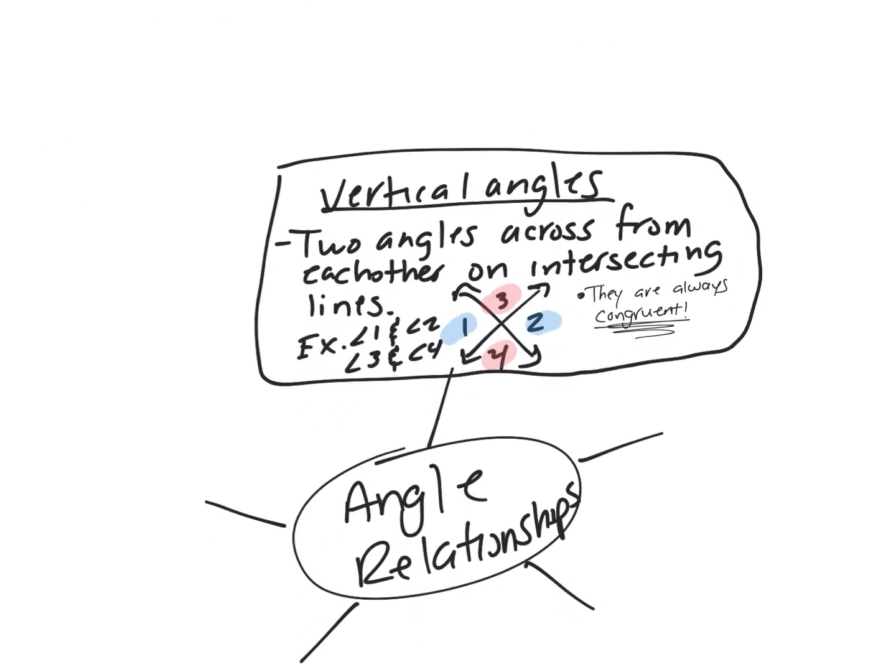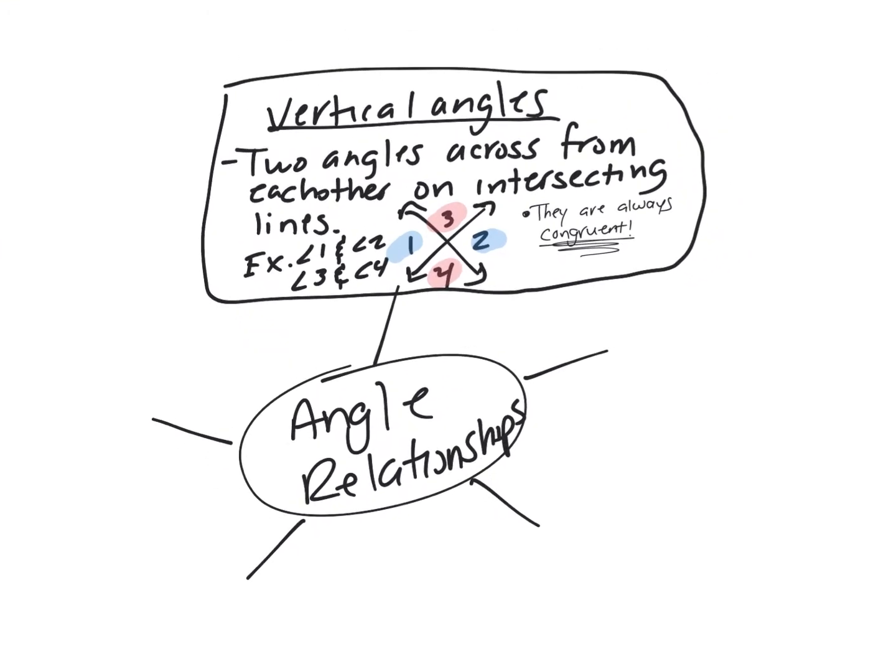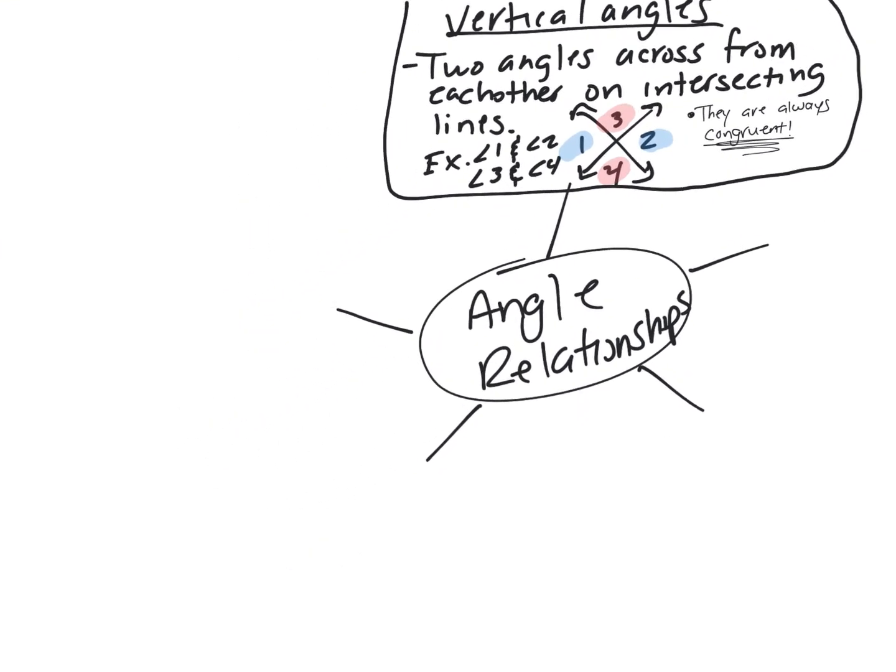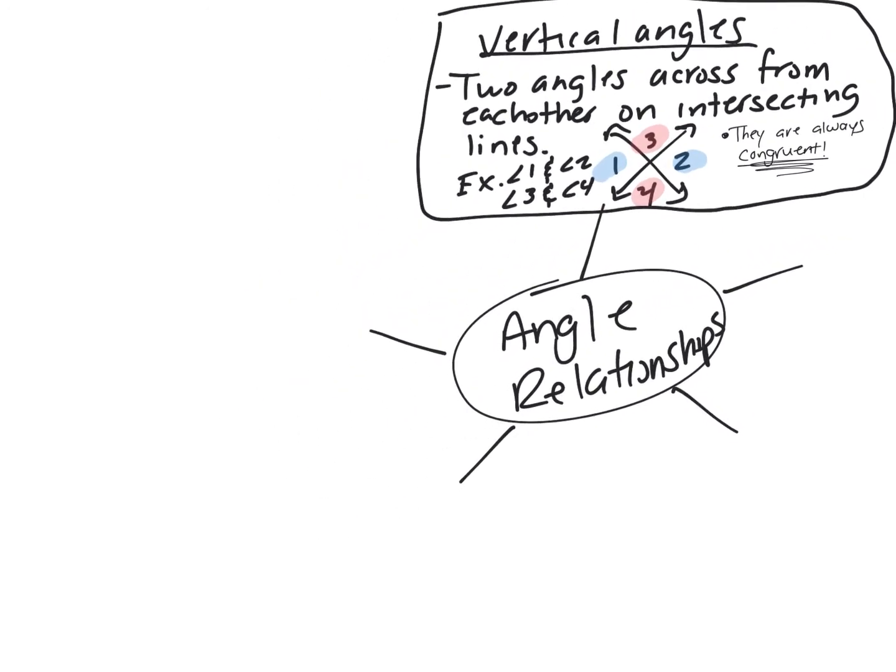They are always congruent. All right, so the next type of angle, let's go in reverse clockwise order, is adjacent angles.